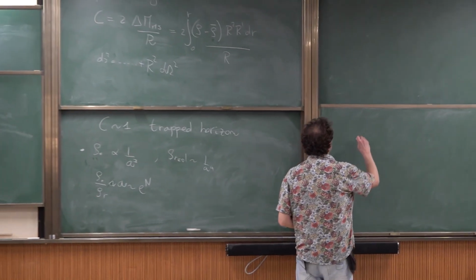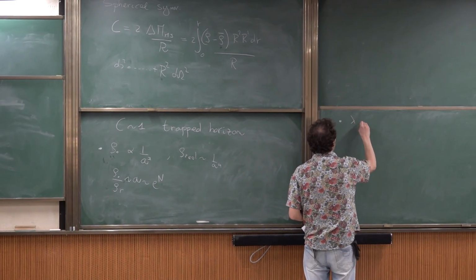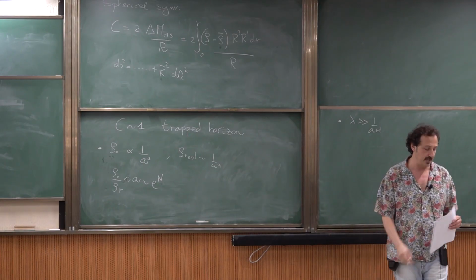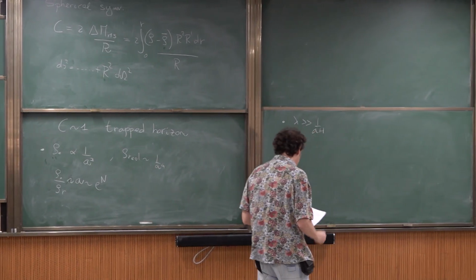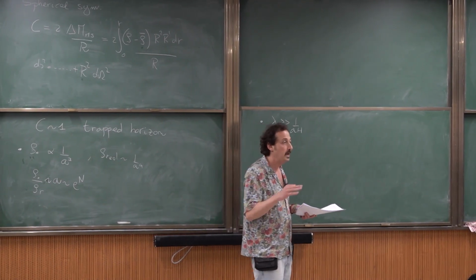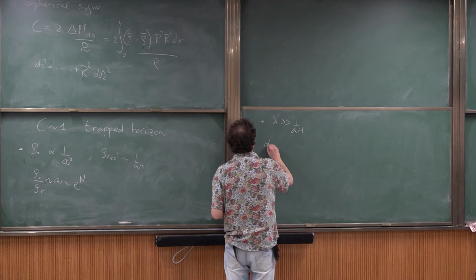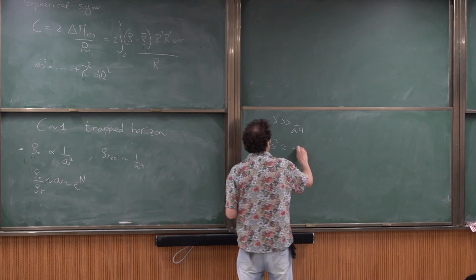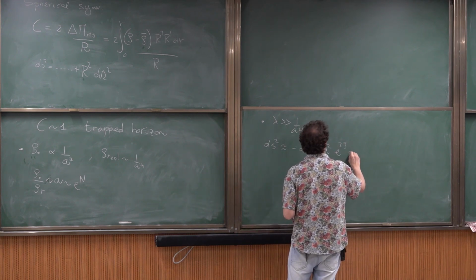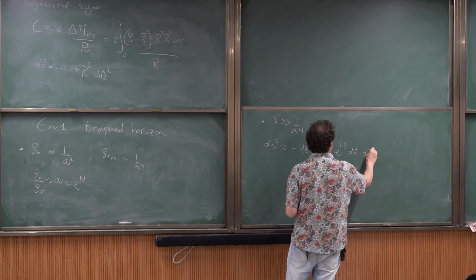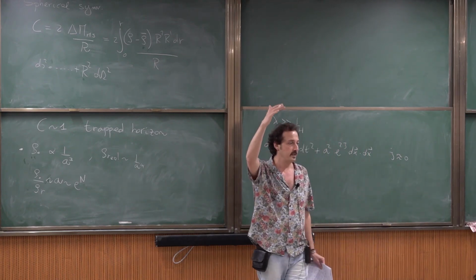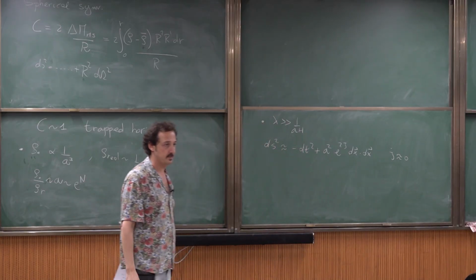At super horizon scale, so let me take a fluctuation that has a wavelength much bigger than 1 over aH, which is super horizon scale, what we showed yesterday is that at least during radiation, which is when we want to form those black holes, the metric generically looks like minus dt squared plus scale factor squared e to the 2 zeta dx dx, where zeta dot is roughly 0. So it's like a frozen scalar perturbation at super horizon scales.